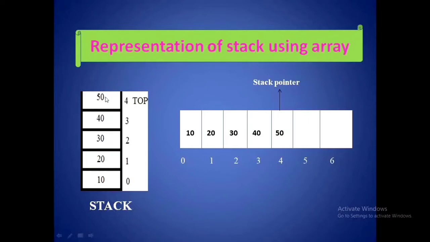And next, this is the stack data structure. A stack is open on one side, so both push and pop operations happen on only one side. 10, 20, 30, 40, 50 are the data stored in the stack, and the topmost element is 50. This is the stack representation using an array.